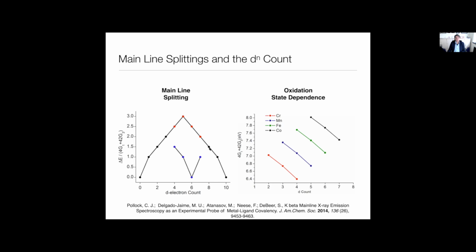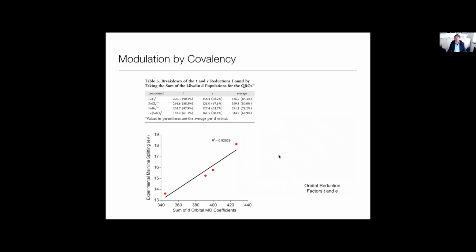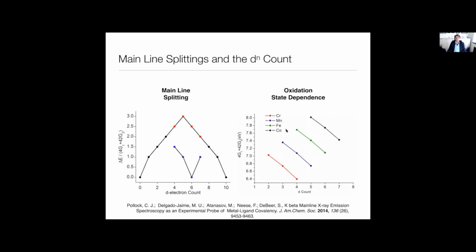This is the curve drawn for high-spin states, and here in blue are the respective low-spin states. Of course, it also depends on the oxidation states, and in the paper we have also investigated how that splitting reacts to the oxidation states. Basically, this figure suggests that you can use mainline splitting to assign oxidation states.